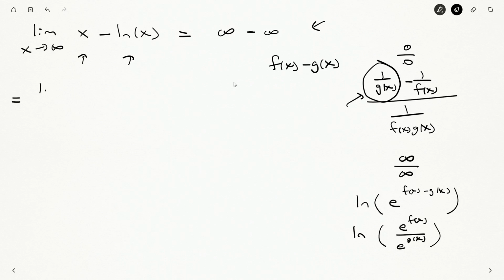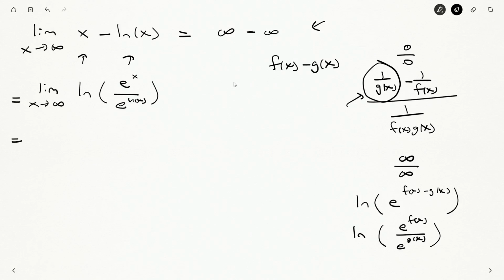So, watch what happens now. This is going to be really nice and easy because look what happens to g of x here. E to the ln x is just going to be x. So we'll replace this with ln of e to the x over e to the ln x.